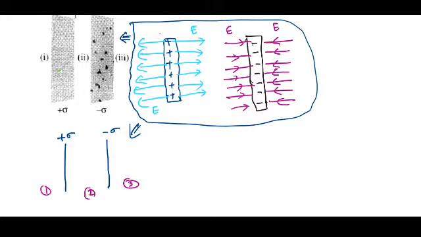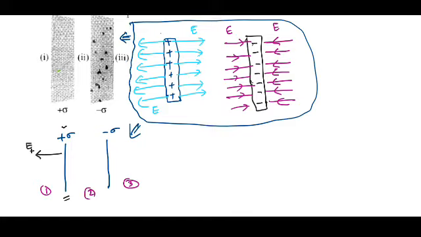In region 1, this positively charged plate contains a large number of positive charges. Therefore, the electric field lines in this region 1 are away, because of these plus sigma charges. Let us write this as E plus, the electric field intensity due to the positively charged sheet.